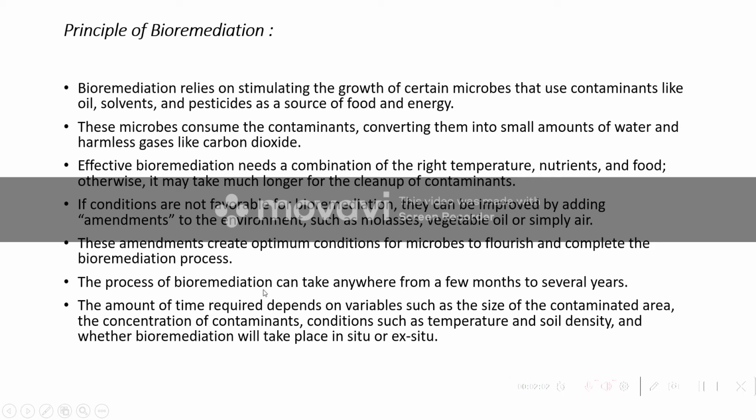The process of bioremediation can take anywhere from a few months to several years. The amount of time required depends on variables such as size of the contaminated area, the concentration of contaminants, conditions such as temperature and soil density, and whether bioremediation will take place in situ or ex situ.